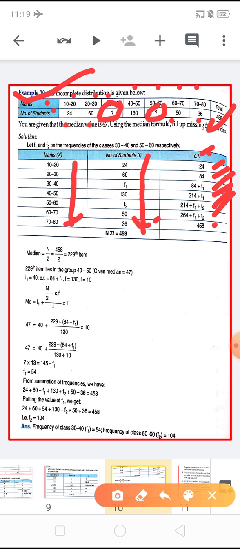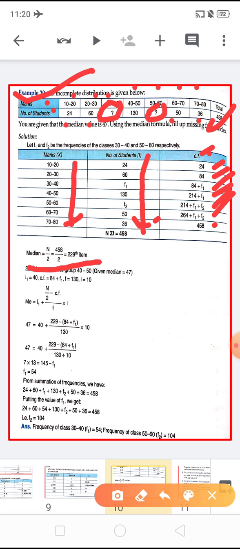So children, the same process applies in this way. Now we need to calculate the median item. The median item size will be calculated by applying the formula: median is equal to size of n by 2 item.